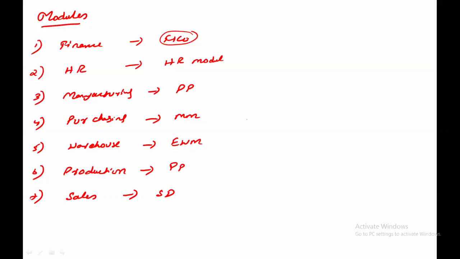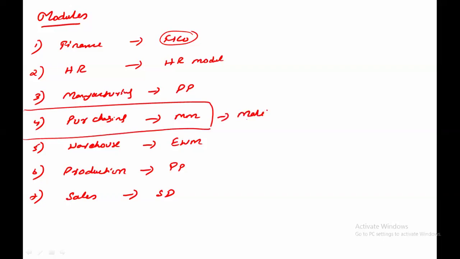Here in this course, we'll be covering only one module, which is purchasing, nothing but material management. Some call it material management, some call it purchasing, some call it procurement, but the activities are the same.